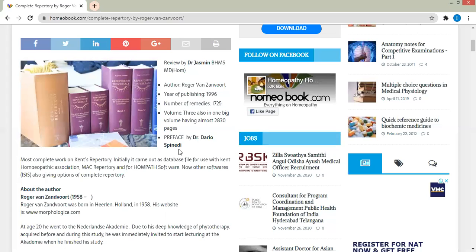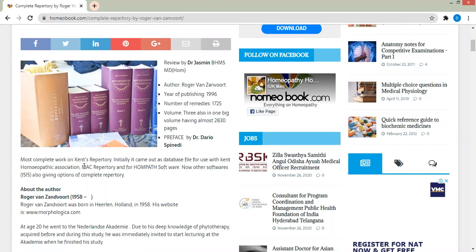Initially it came out as a database file for use with Kent Homeopathic Association, Mac Repertory and Compact software. Now other software also gives options for the Complete Repertory.